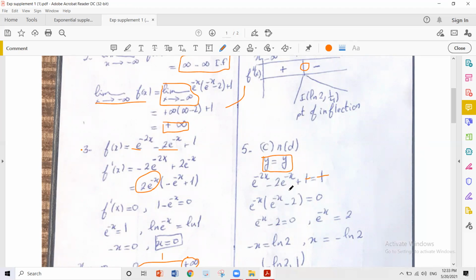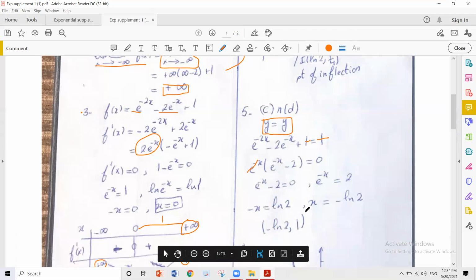I take e to the minus x common: e to the minus x times (e to the minus x minus 2) equals 0. This first factor is always positive, so I don't take it. So e to the minus x minus 2 equals 0, e to the minus x equals 2, minus x equals ln 2, x equals minus ln 2.